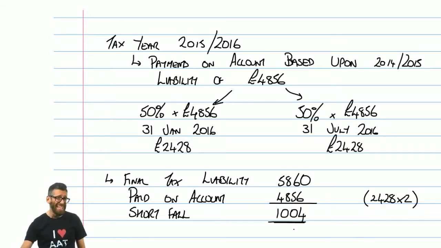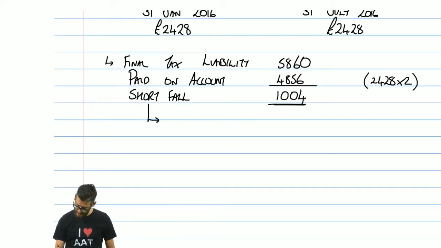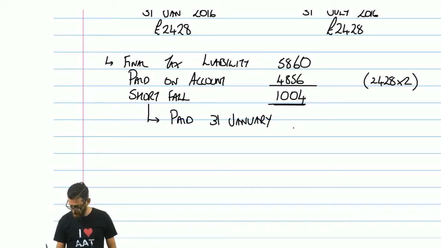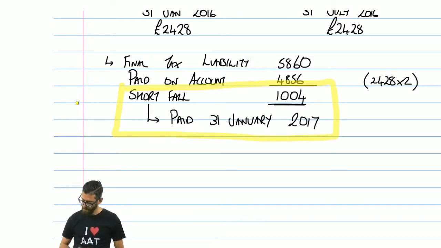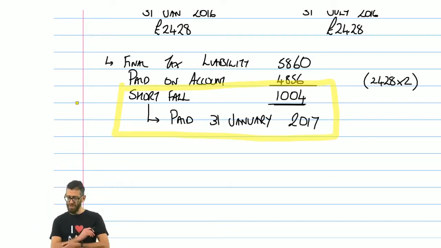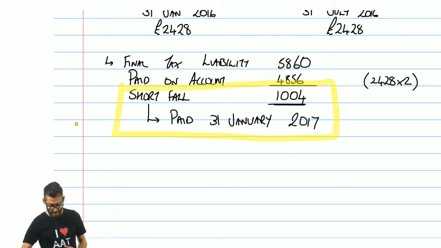Guys, when's that going to get paid? Yep, that's right. That's going to get paid on the 31st of January. Which year? 2017. Guys, I'm just going to put a circle around that. 31st of January 2017, we got a balance in payment.